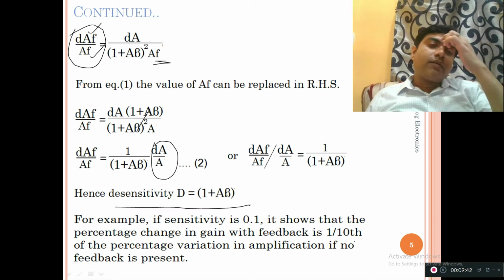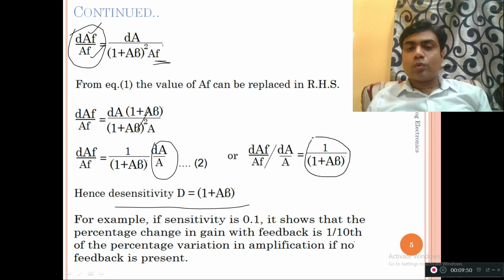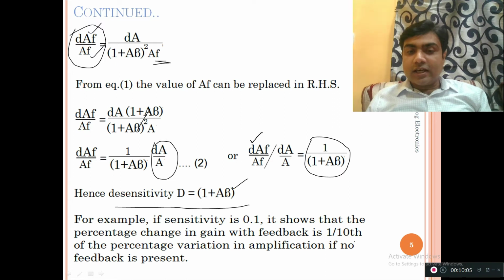So if we consider a small example, let us say that the sensitivity factor is 0.1. So definitely D is 10. Then only we can say that this factor becomes 0.1. So it shows that the percentage change in the gain with feedback is 1/10 of the percentage change in gain without feedback.